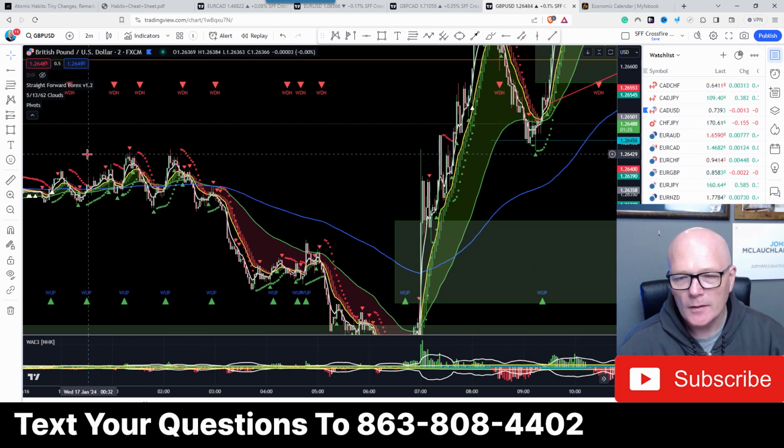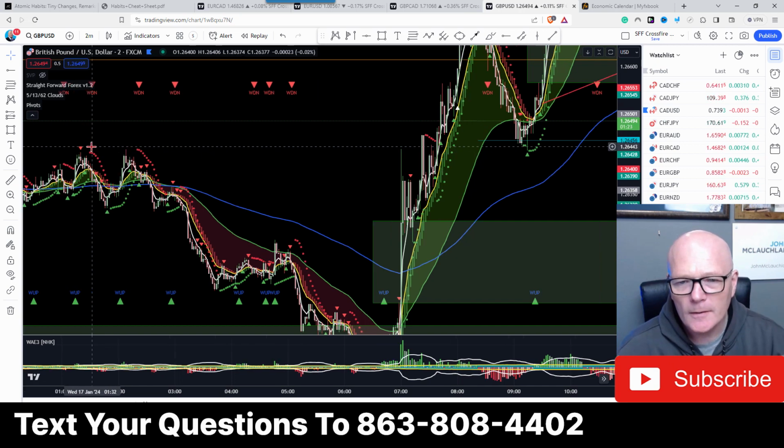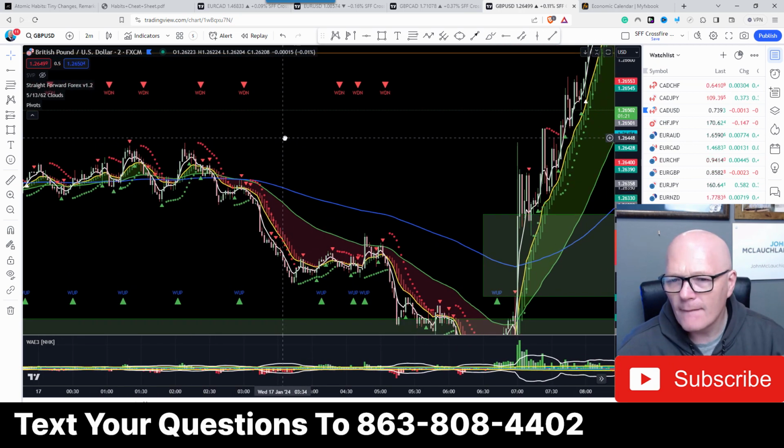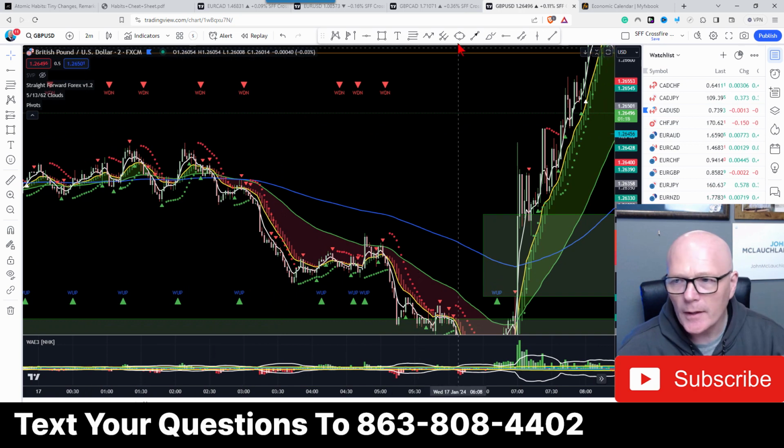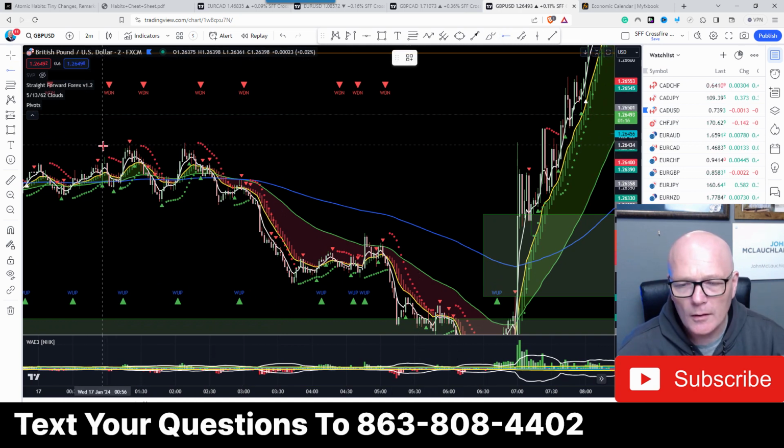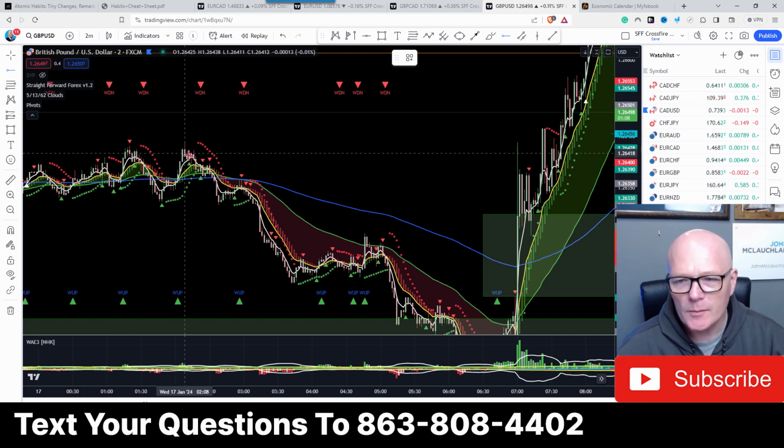So we've got this area here. Let's get our line tool on. You see how the line has gone through these candles. But if you look right, it's missed these candles.